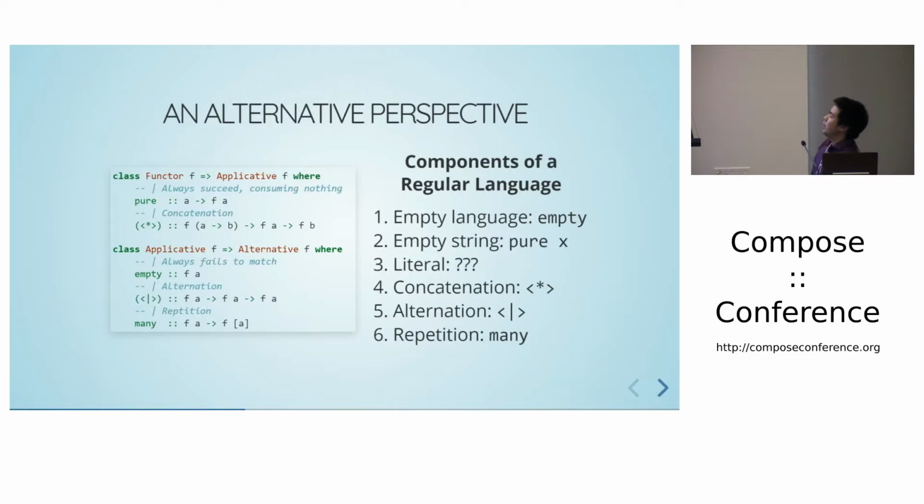So what if we could take a literal as its own literal type operation and give it the rest of the picture? If I had a literal type and gave it all the other 5, then I would have a full regular language.